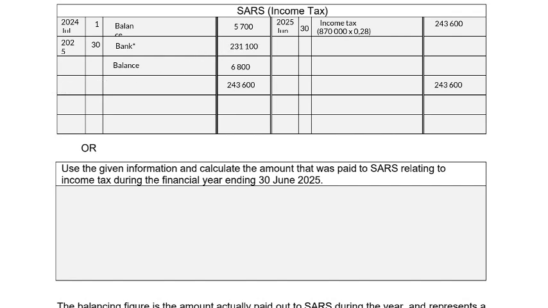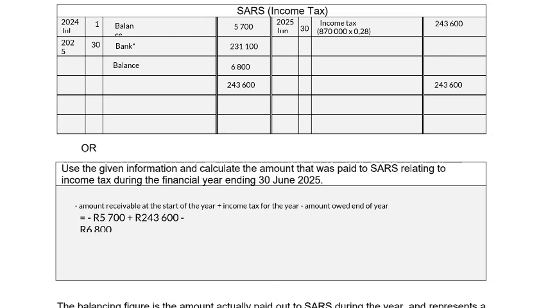Or you can do a basic calculation. You minus the amount received at the beginning of the year. You add your income tax for the year, and you minus the amount owed at the end of the year.